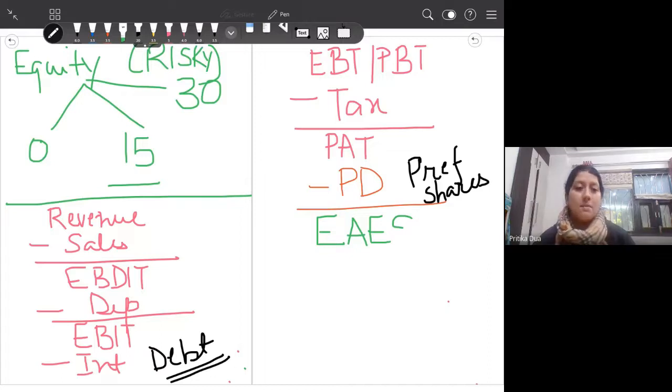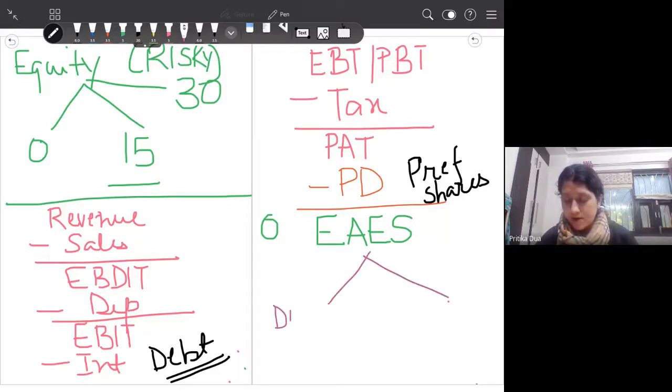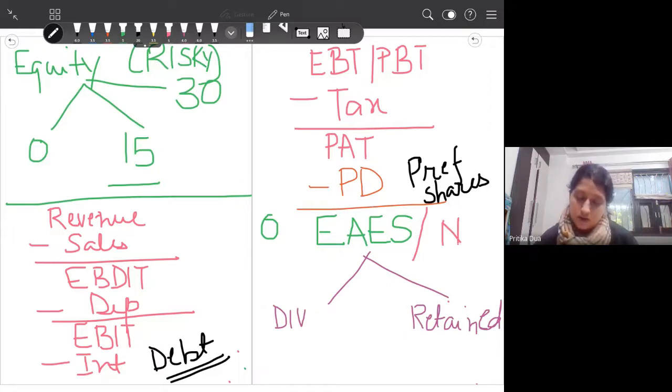Now whatever money is left, if any is left, there might be cases where our profit value comes to 0 up to here, but it can also be 100 or 200. So now these are earnings available to equity shareholders, and now the firm decides how much of this should be distributed as dividend and how much of this should be retained. So EPS is earnings available to equity shareholders divided by the number of equity shares.